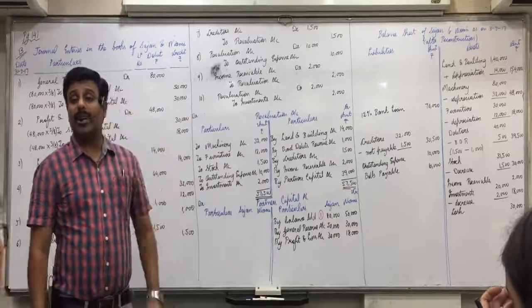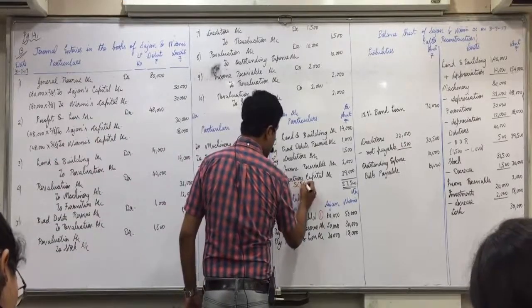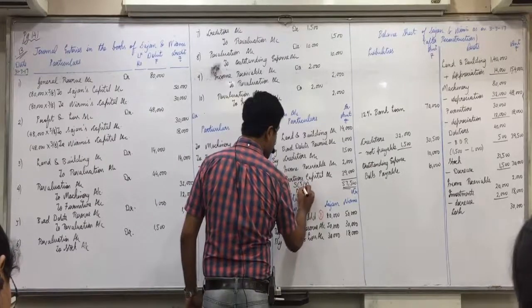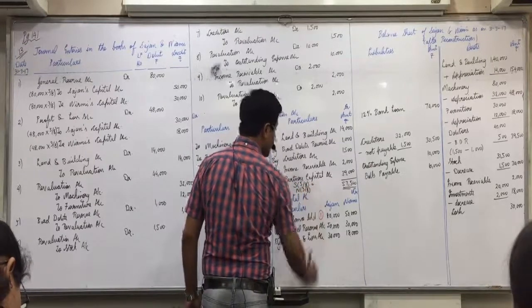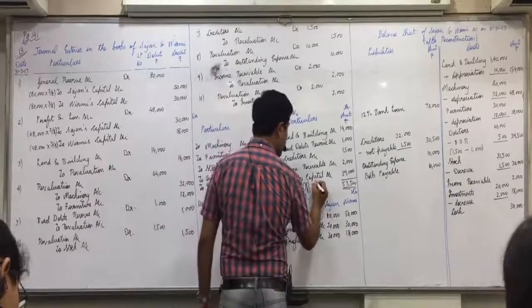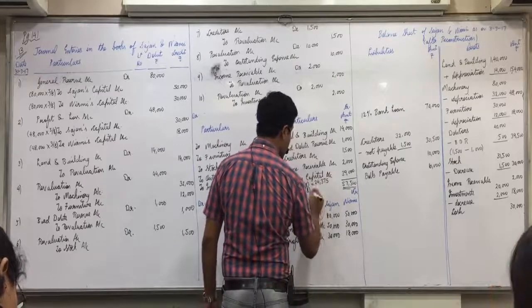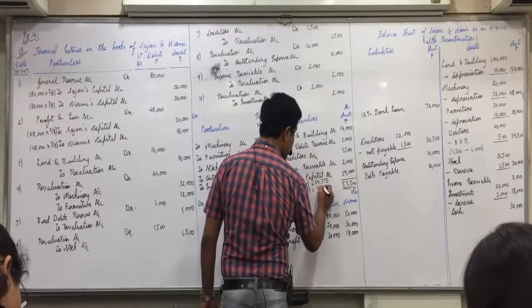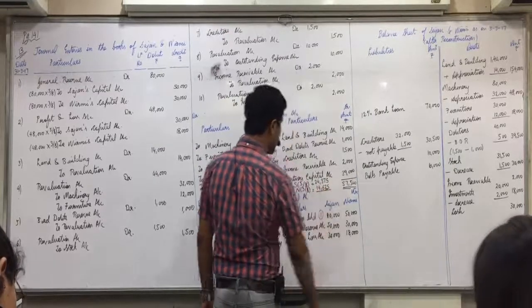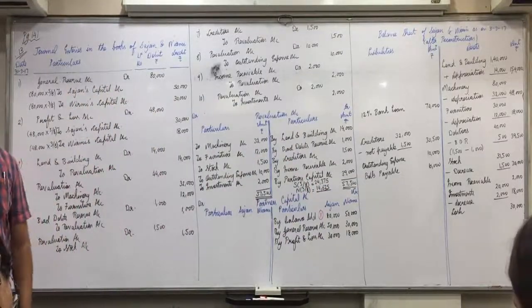You will distribute it in the old ratio. So Sajan 5 by 8, Nirmi 3 by 8. 39,000 into 5 by 8 is 24,375, and 39,000 into 3 by 8 is 14,625. Okay, 24,375 and 14,625. Any confusion in this?